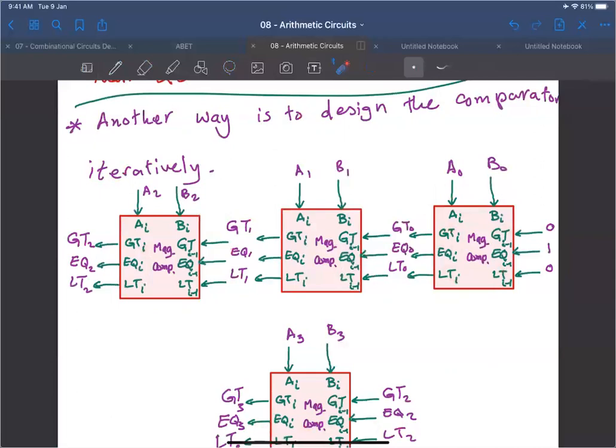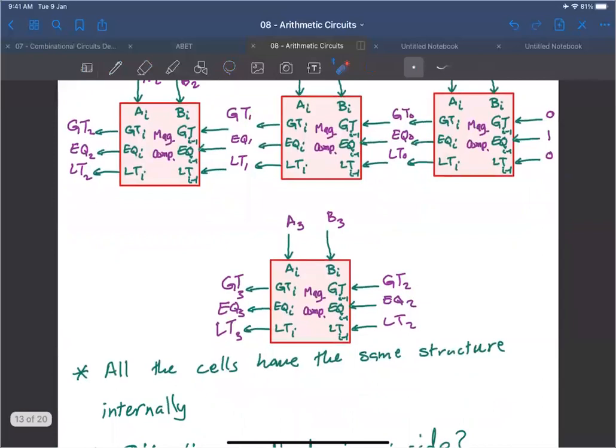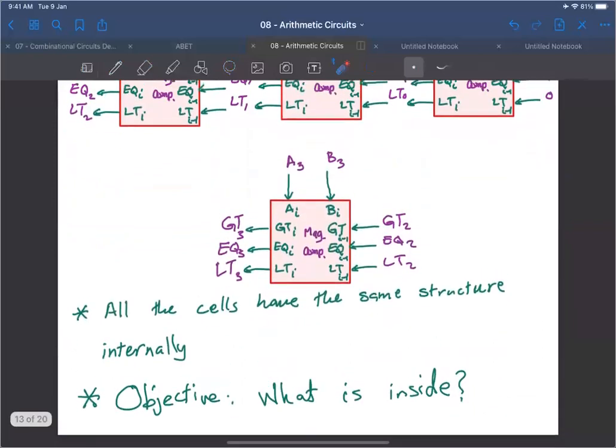Here it is a 4-bit comparator. Notice that initially we get a 0, 1, 0 because we assume that the numbers are equal, and then prove that they are equal or disprove. So all these cells have the same internal structure. How do we know how to do it?